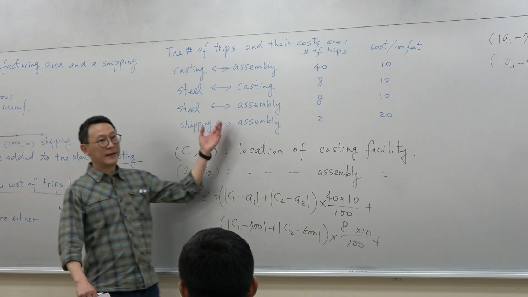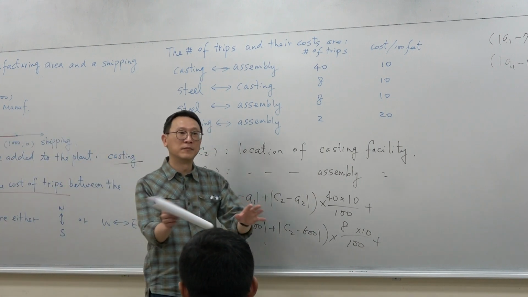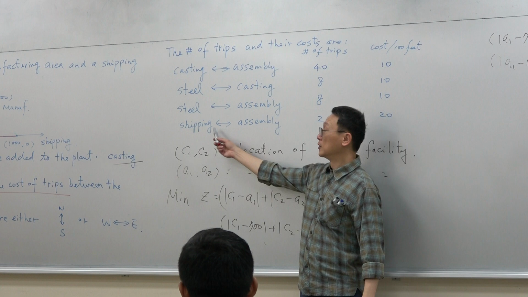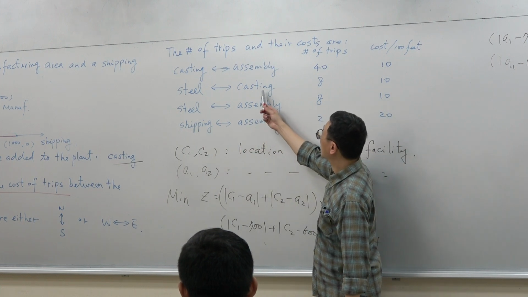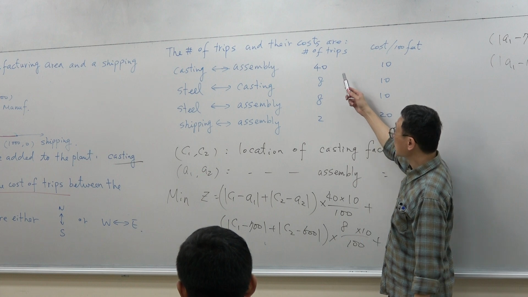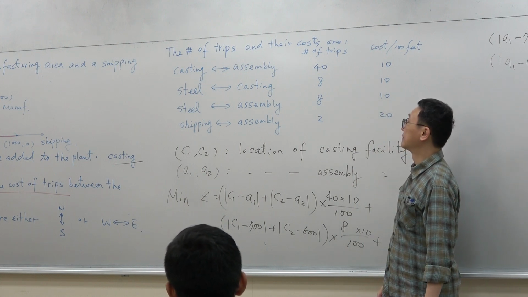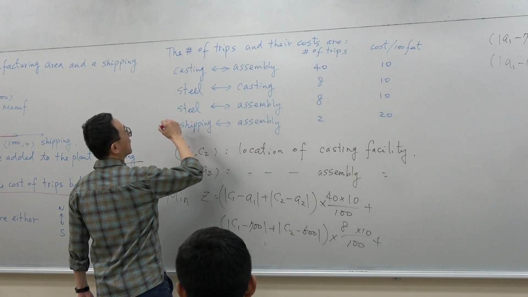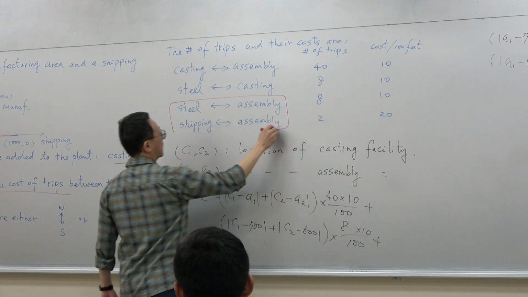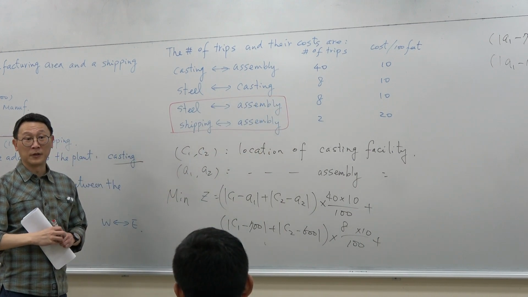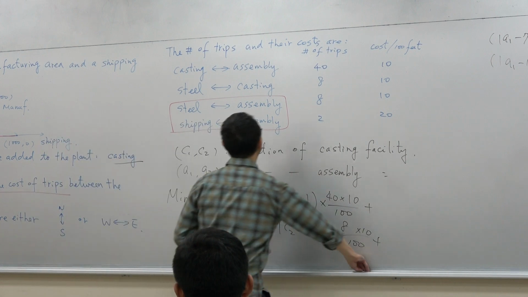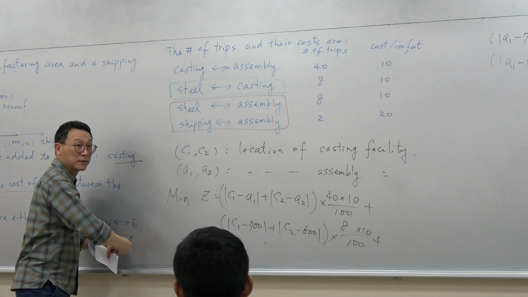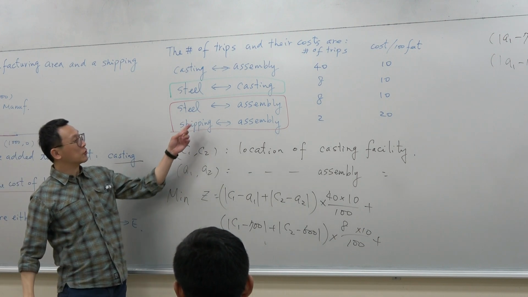But right now, they don't have exactly the same trips from, for example, assembling to steel and to shipping. Maybe I write it down. Let's say assembling to the other place. But here, let's say casting to steel. We don't have casting to shipping.